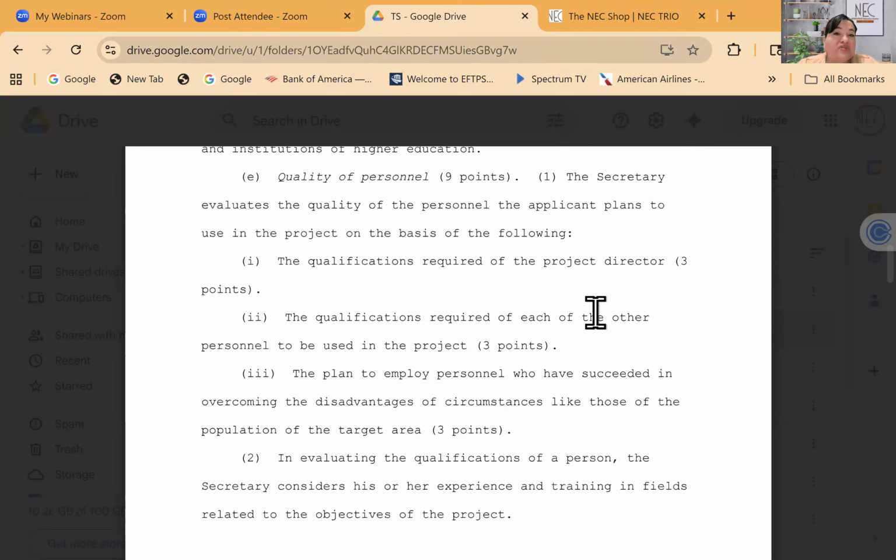I would take points off if I was a reader and it did not state that the director has not only a master's degree, but specifies the years in which they've been involved in programs such as this, which I would assume would be a little bit longer than how many years they had in direct management experience.